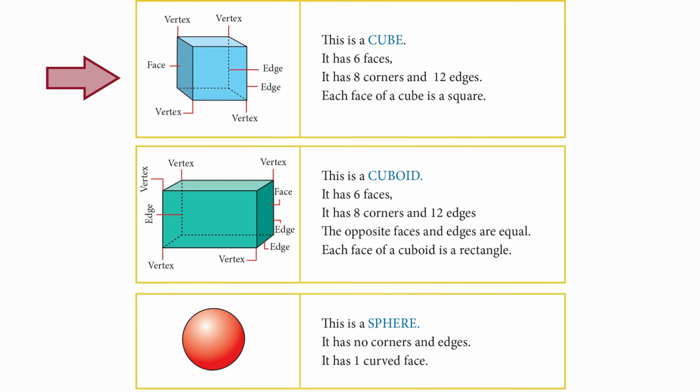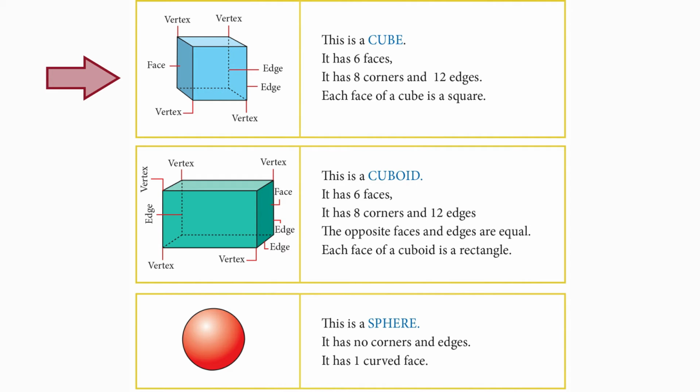This is a cube and it has 6 faces. We just took an example of a cube by looking at the block, so we already know it. It has 6 faces and it has 8 corners. Here the corners are otherwise called vertices. 8 corners and 12 edges.